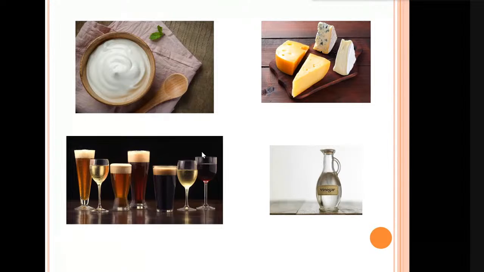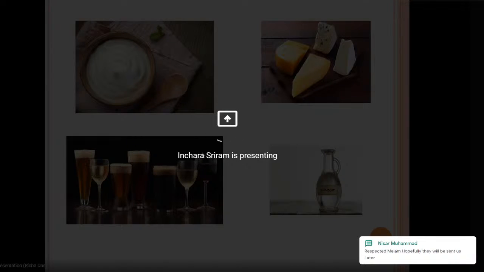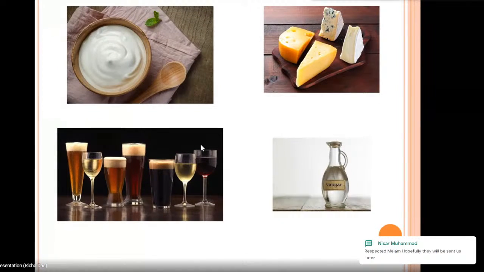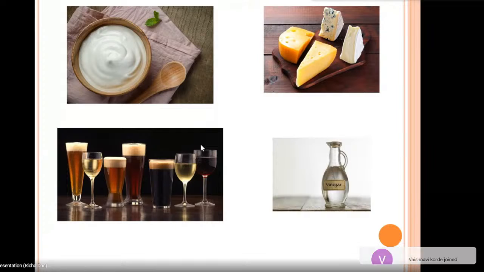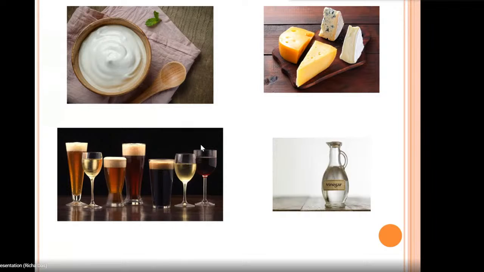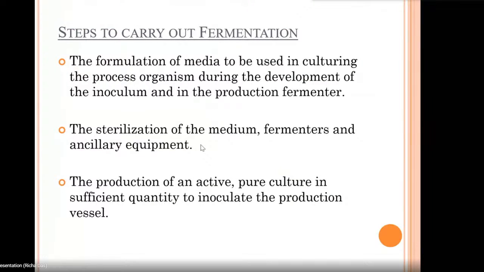So initially lactobacillus will be used, but after that many other microorganisms can also be used there. Then for alcoholic beverages, we make use of a yeast, that is Saccharomyces cerevisiae. And the next picture is of the vinegar. Vinegar is actually a product of alcohol only. So these are the images that show us the various products of fermentation.